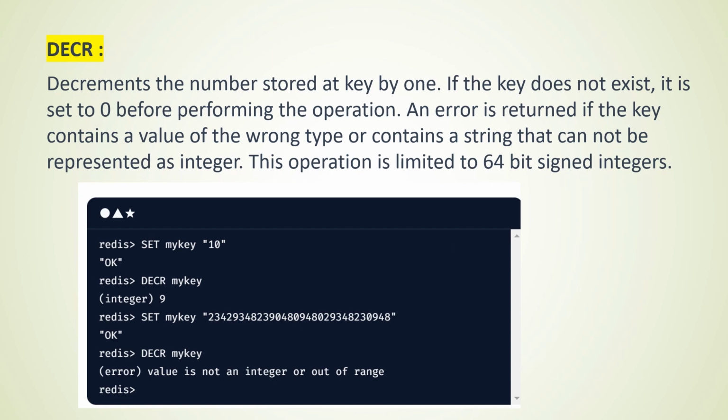DECR decrements the number stored at key by 1. If the key does not exist, it is set to 0 before performing the operation. An error is returned if the key contains a value of the wrong type or contains a string that cannot be represented as integer. This operation is limited to 64-bit signed integers.